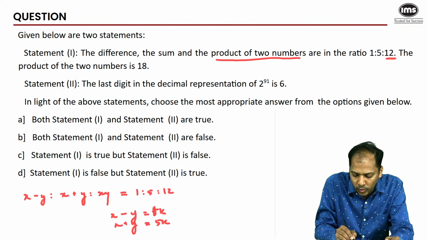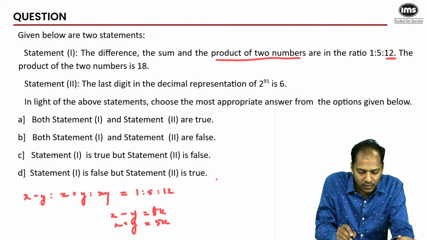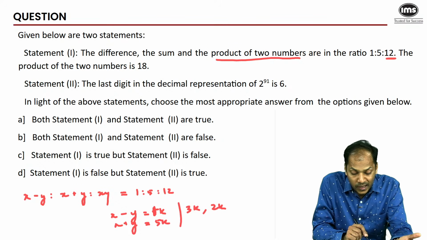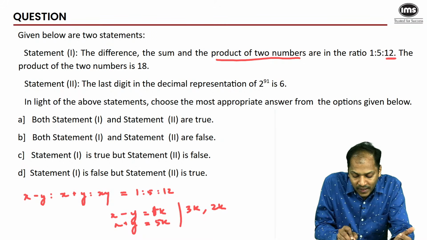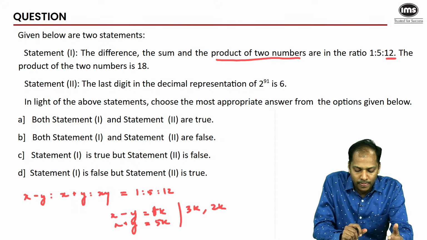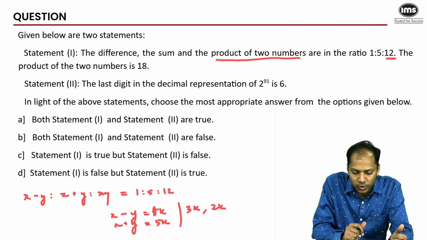If I solve them, 2x will be 6k, x would come out to be 3k, and y will come out to be 2k, and I do not have any value. So therefore x into y would be 3 into 2, 6k squared. Still not sure.